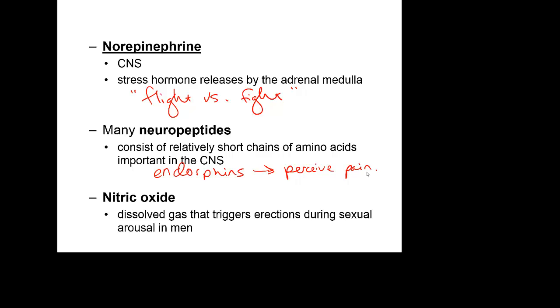And then nitric oxide is one that we see most often associated with erections in men during sexual arousal. So very different types of neurotransmitters, right? Depending on what their job is and where they're found in your body.